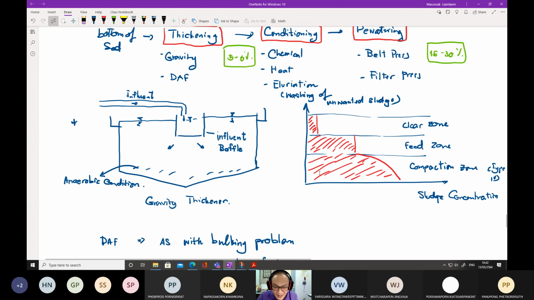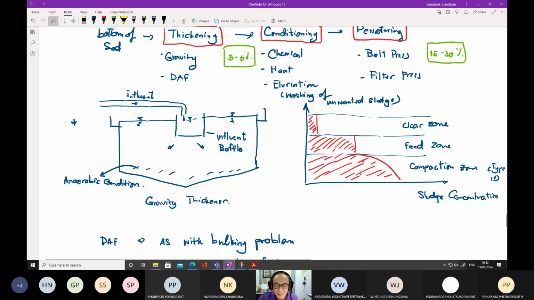At the bottom of the chamber is the compaction zone, in which type four settling occurs. The concentration is high and increases with depth.